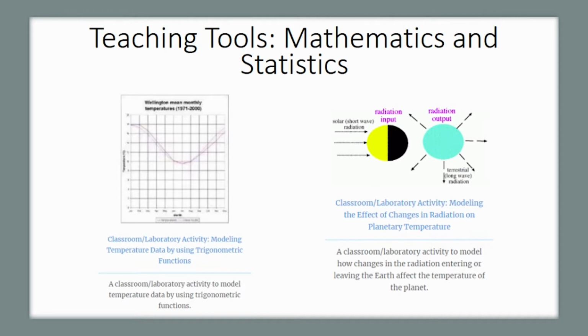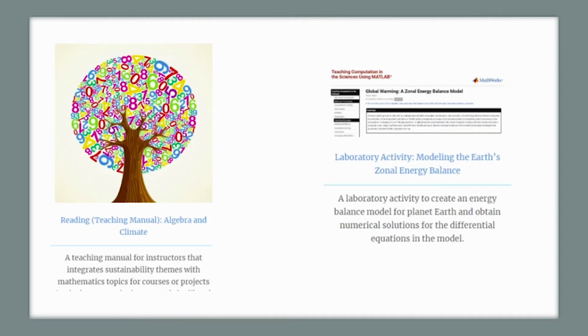Some of these teaching tools that you may find interesting include a classroom or a lab activity titled Modeling Temperature Data through Trigonometry. A classroom or a lab activity where you can actually have your students make models of how changes in radiation entering or leaving the Earth can affect the temperature of the planet.